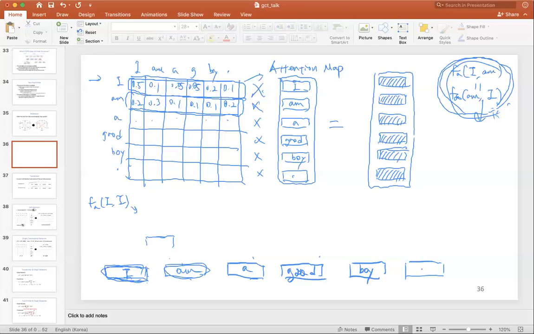You take the Q embedding of I, and you take the K embedding of I, and the rest is the same. And when you're doing f(I, m), you take I's Q and m's K, and the rest is the same.